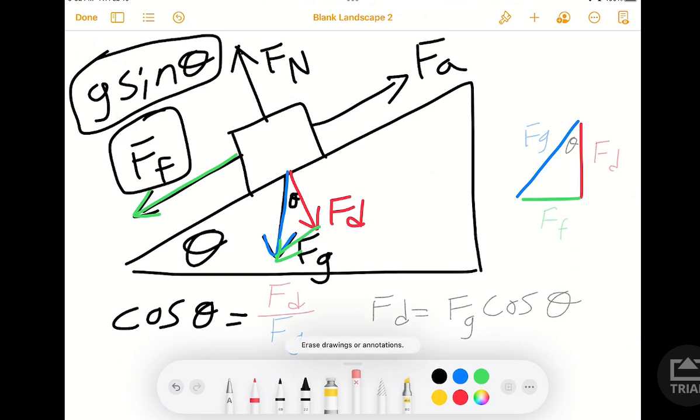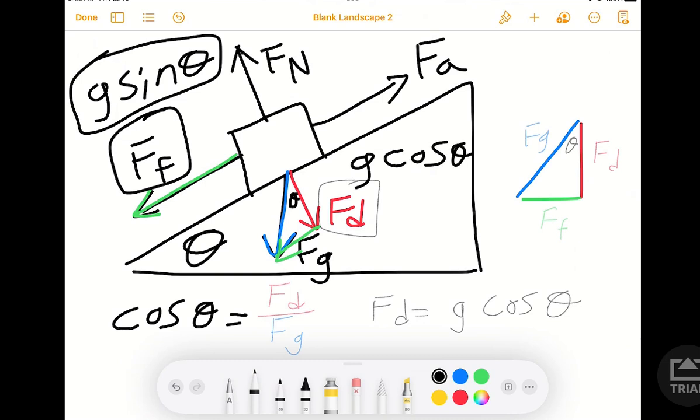Now again, FG is just the force due to gravity, so we can replace that with simply G. And so then we get that this FD here is going to really be G times cosine theta.